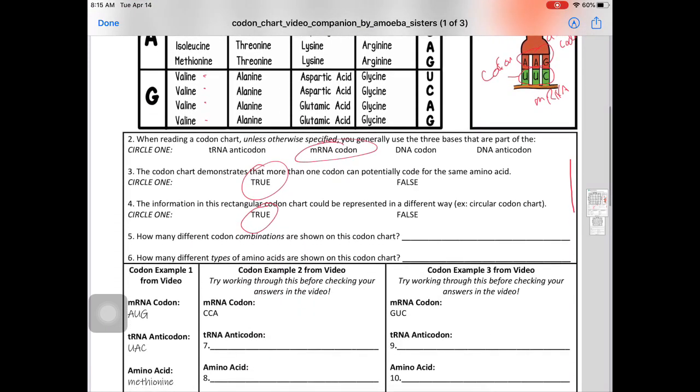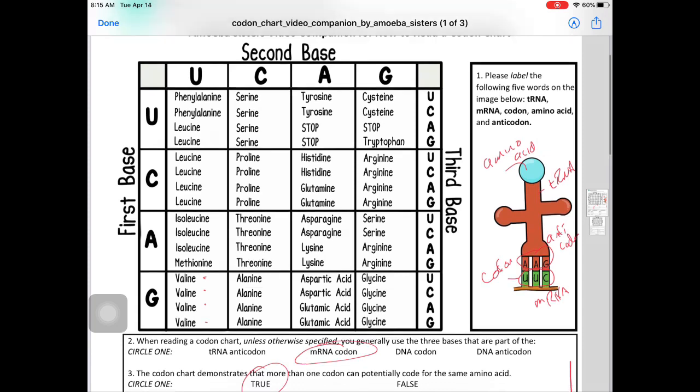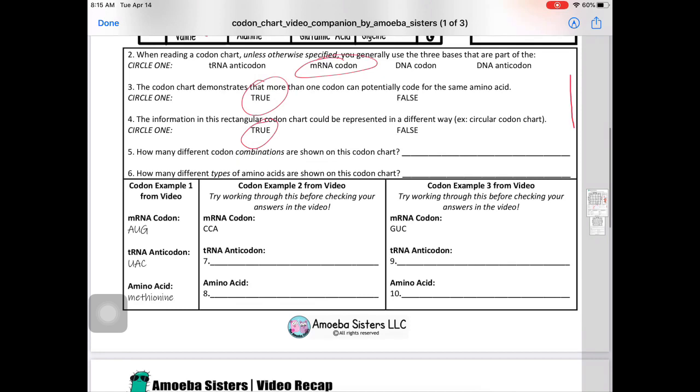So we know that there's only 20 amino acids, so we can get that pretty easy. How many different combinations? Again, you're just going to be counting. You've got 4 on the one side, 4 on the other side, 4 on the other side, so you're doing some multiplication there.